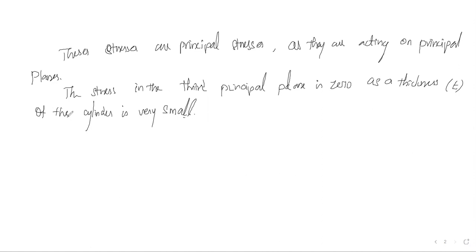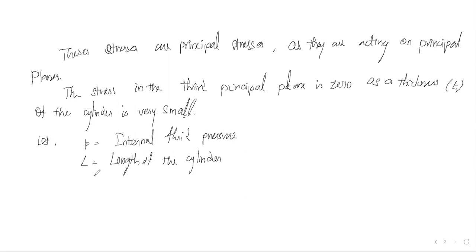Now let us consider some terminologies. Small p is equal to internal fluid pressure. L is equal to length of the cylinder. D is equal to diameter of the cylinder.